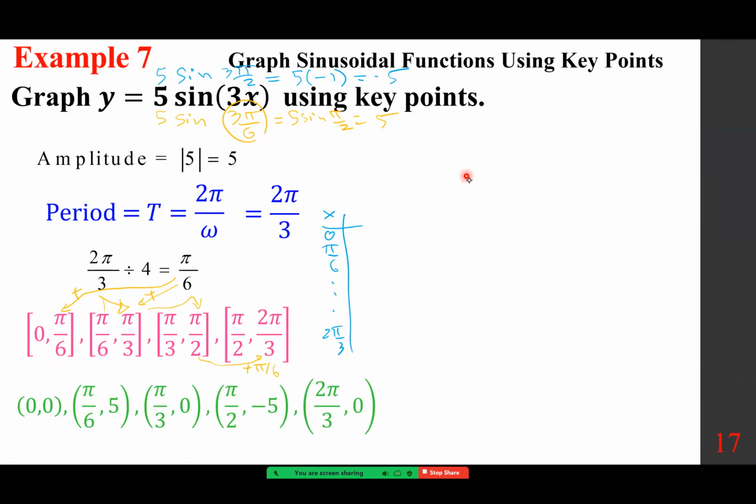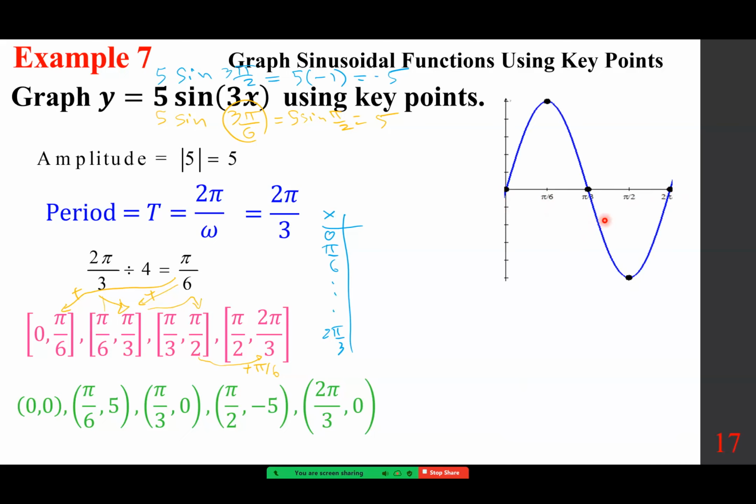Remember, we're going to go from 0 to 2 pi. And now we're going to cut this 2 pi into 2 pi over 3. So this shrinks to 2 pi over 3. But the values now, of course, are 0, 0, pi over 6, 5. So this has been changed now.